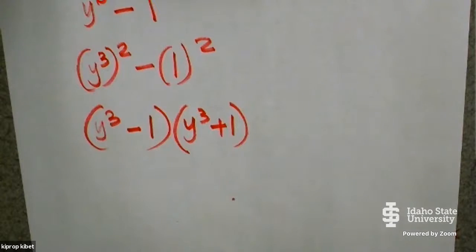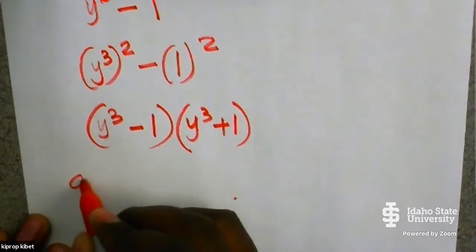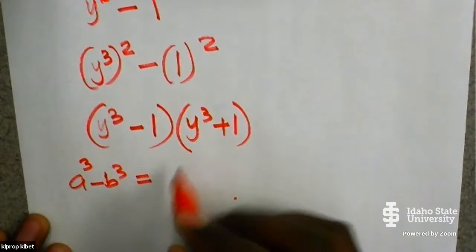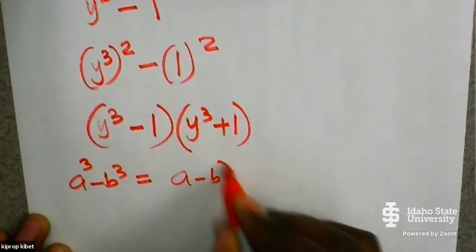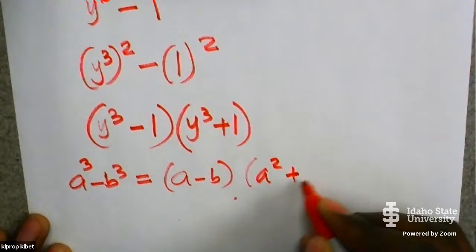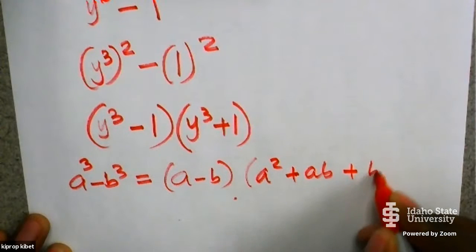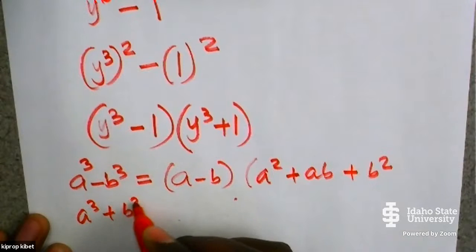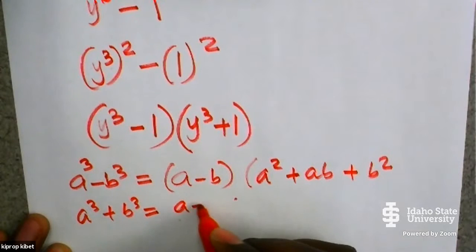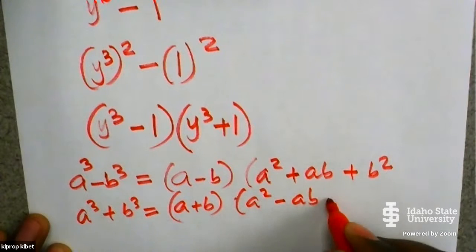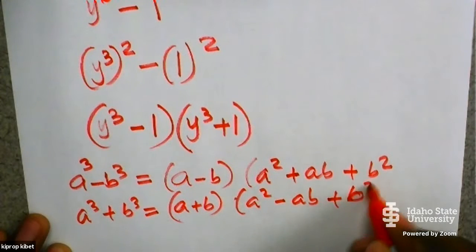The pattern for the minus is a cubed minus b cubed equals (a minus b)(a squared plus ab plus b squared), and for a cubed plus b cubed equals (a plus b)(a squared minus ab plus b squared).